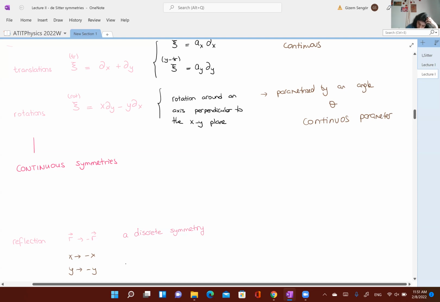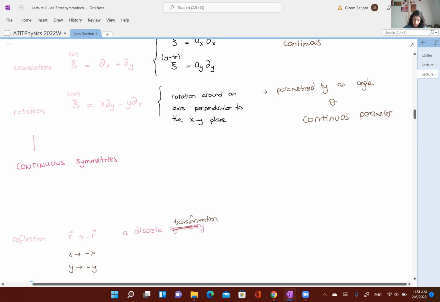Well, actually it gives an overall minus, so it's not even a symmetry transformation. But just in case, if there was a metric that had this as its symmetry, this would have been a discrete transformation, this would have been a discrete symmetry.